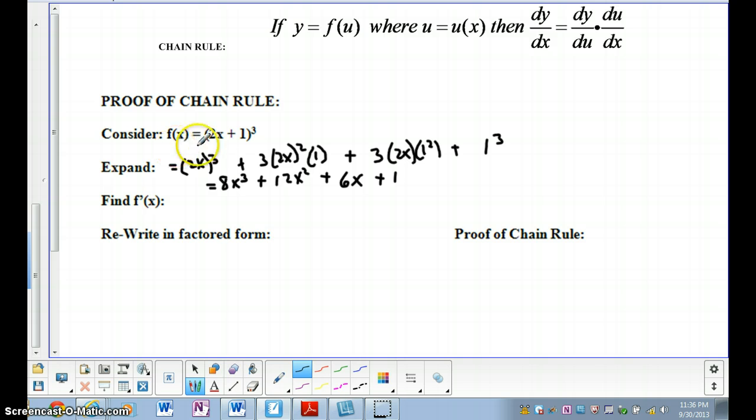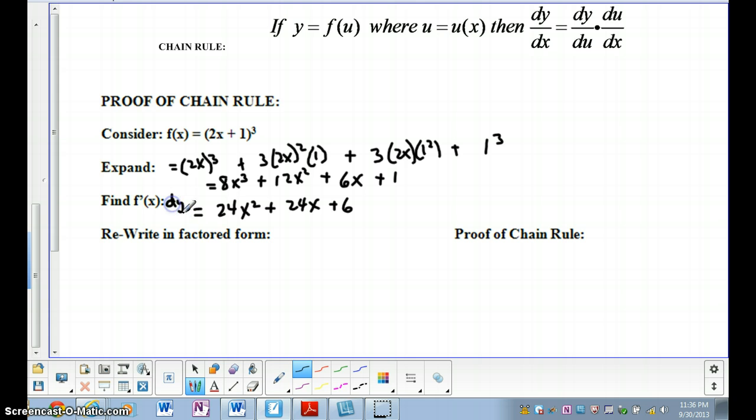So now we expanded that using the binomial theorem. Now we're going to take the derivative. And taking the derivative using the power rule, again we'd have 24x squared plus 24x plus 6.